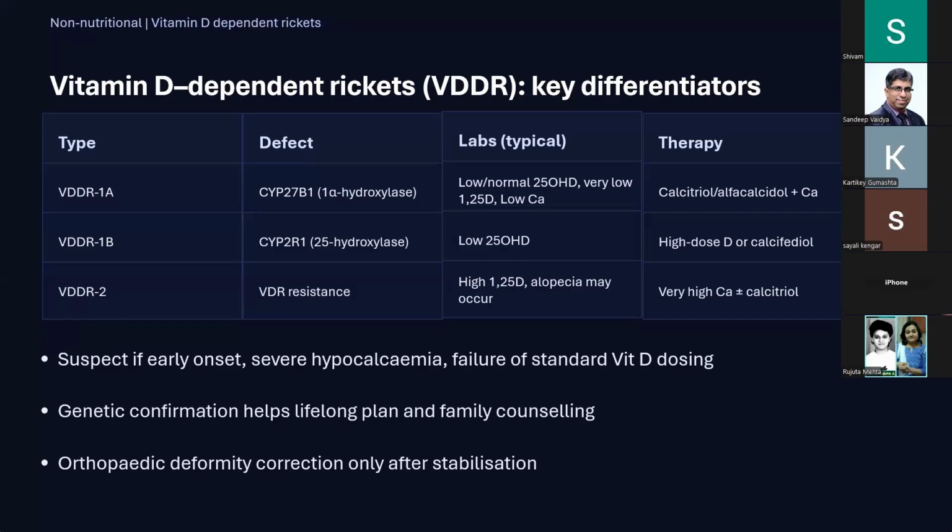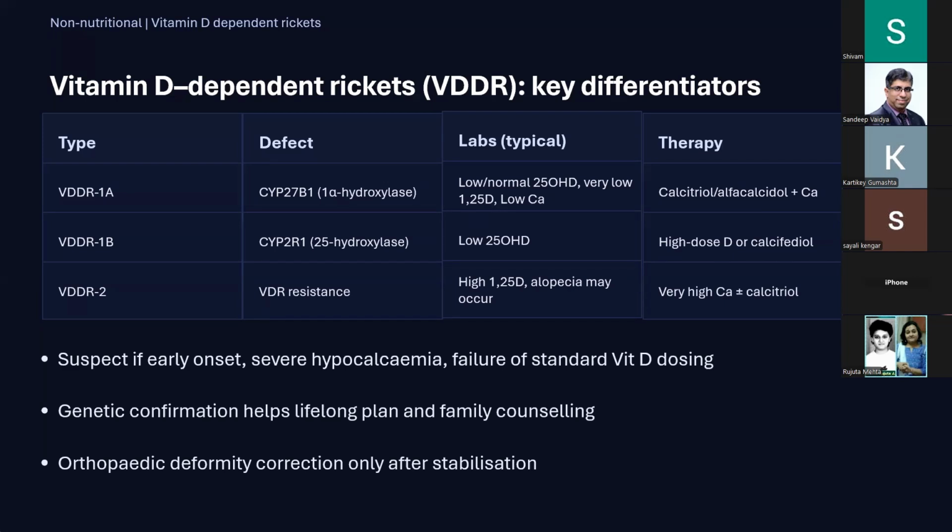Type 1B vitamin D dependent rickets occurs due to the CYP2R1 gene, which is dysfunction of the 25 hydroxylase enzyme that occurs in the liver. It causes low storage of vitamin D. Basically, 25 hydroxy vitamin D is low, and it has to be treated with a high vitamin D dose and or calcifediol.